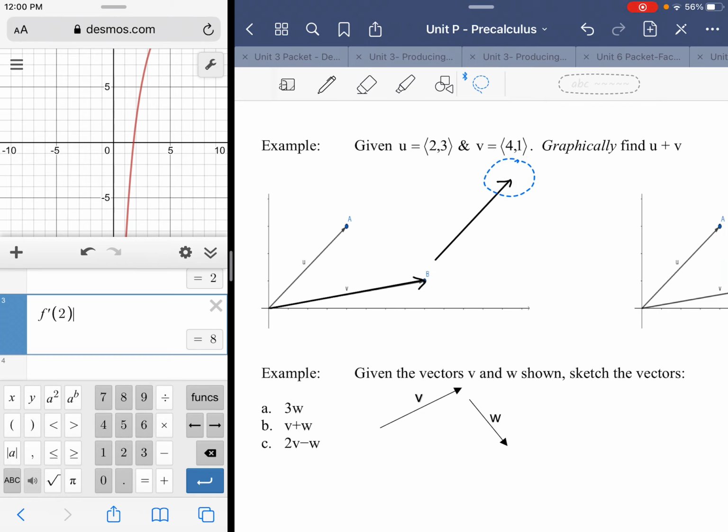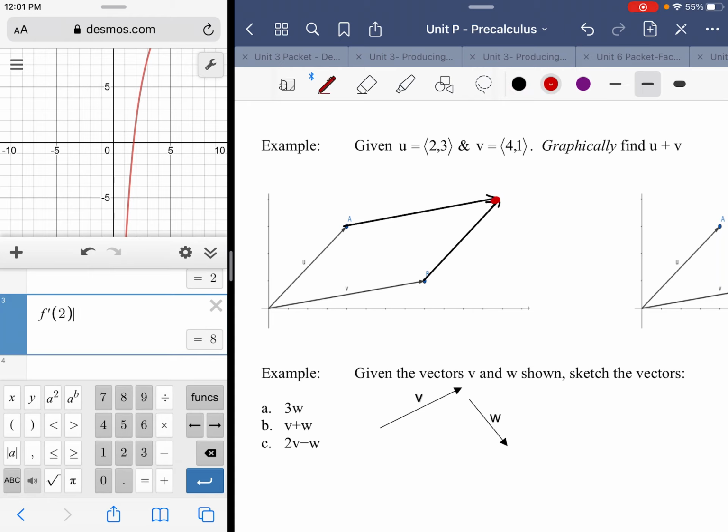So what I'll be doing is taking vector u and translating it so that its tail goes to the tip of vector v, which is that point B. Then I'm going to do the same thing with vector v. I'm going to take that vector and slide it up, translate it up, so that its tail goes to the tip of vector u.